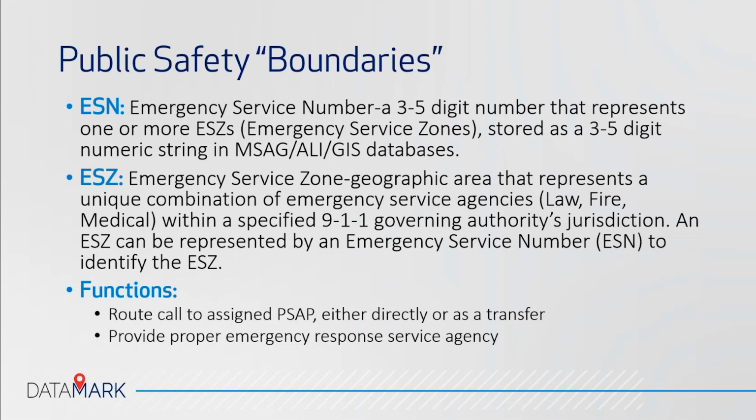Those numbers correspond to each line in the MSAG, and represent the overlap of the agencies for fire, law, and medical within that governing authority's jurisdiction. So the emergency service zone is the geographic representation of the ESN.